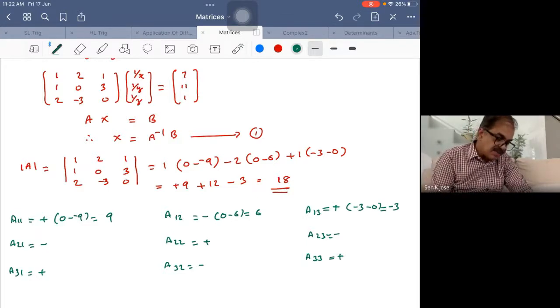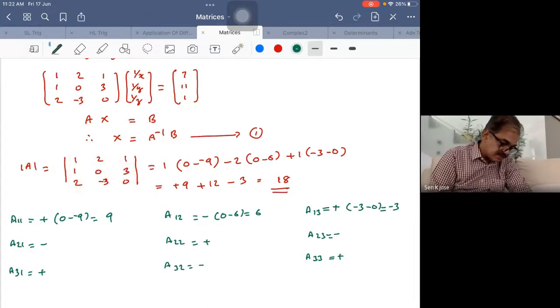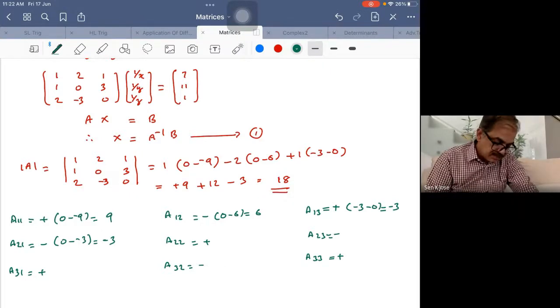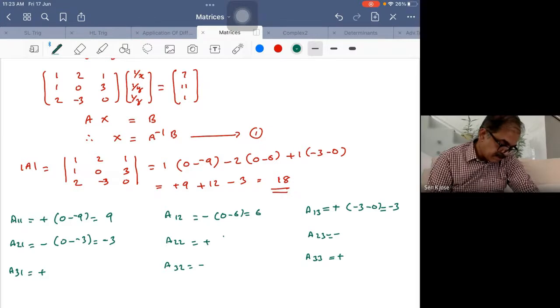A21 will be, delete the row and the column. Cross multiply. You'll get 0 minus minus 3, it's 3. A22 will be plus of, A22 is out here.